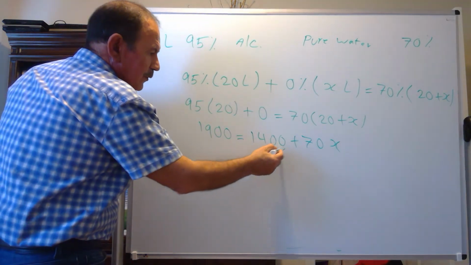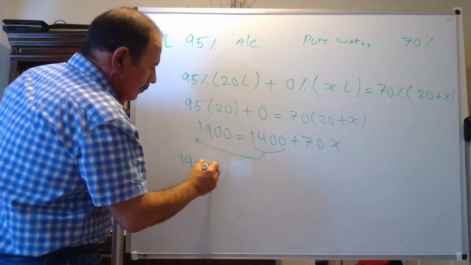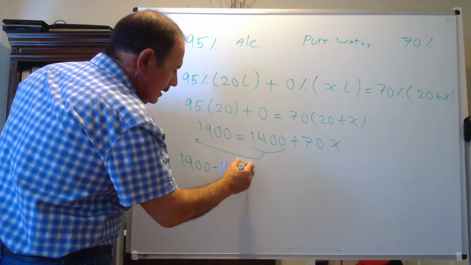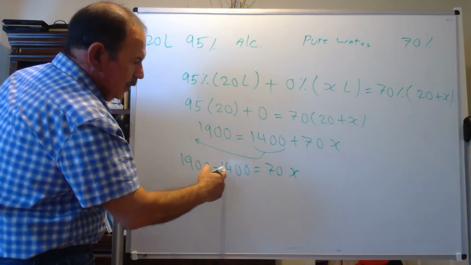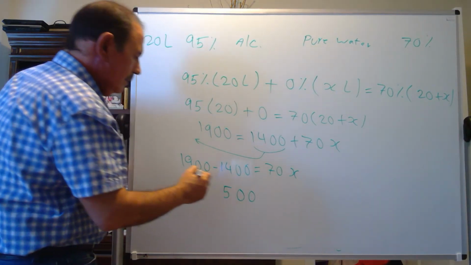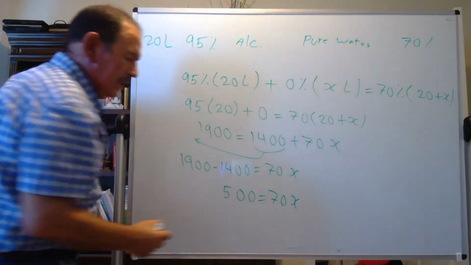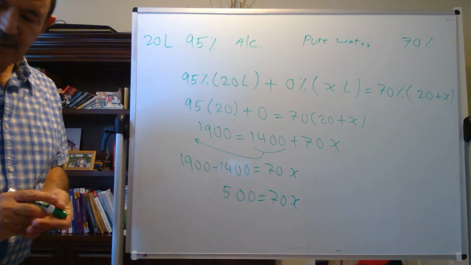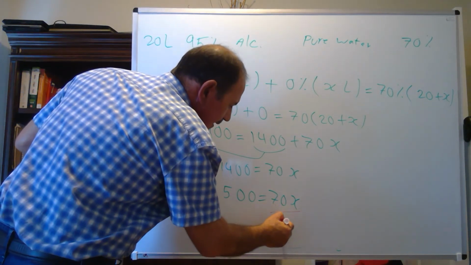Now move this 1400 to the other side. 1900 minus 1400 gives me 70x. 1900 minus 1400 is gonna be 500, equal to 70x. Because we are looking for x, we should divide both sides by 70.